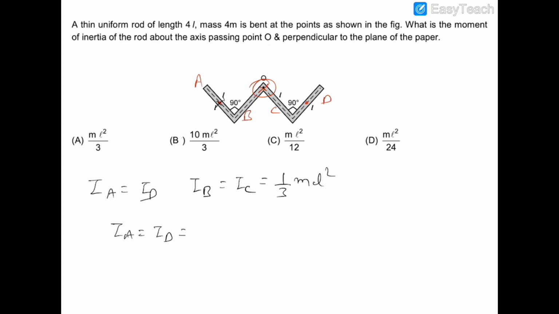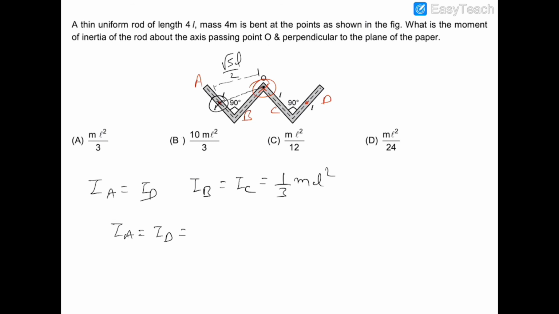We know that this axis is perpendicular to the rod, and it is passing through the center of mass, and this axis is at a distance of, this distance is root 5L by 2.